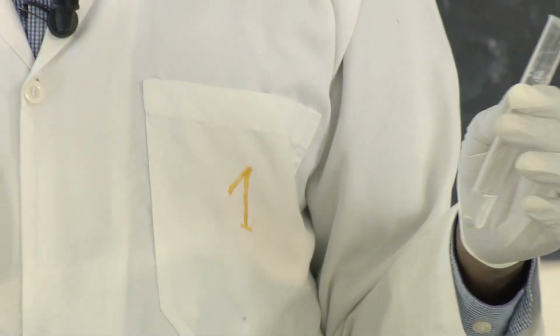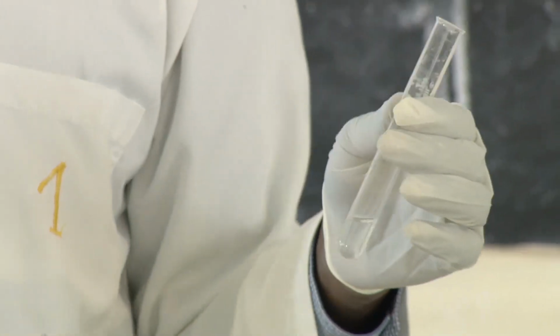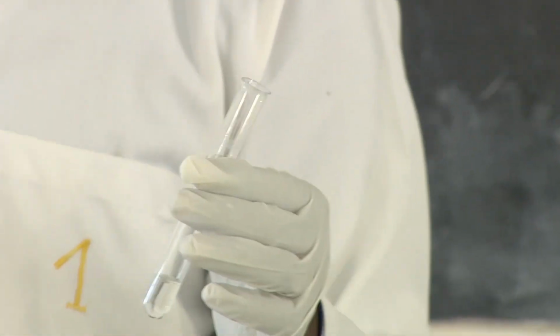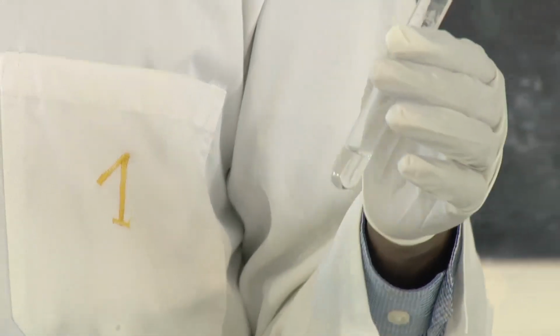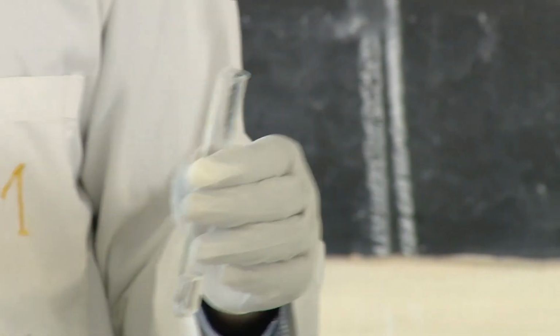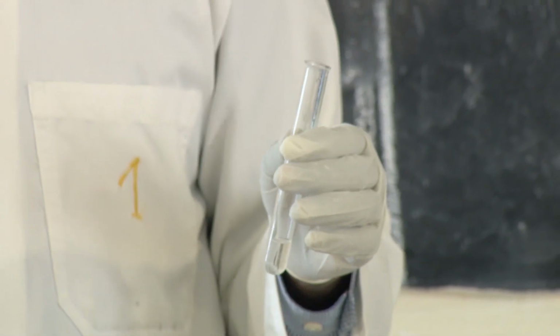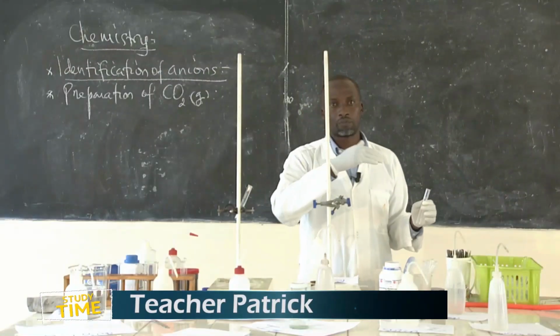Remember, these sulfate ions are obtained from soluble sulfates to get the solutions. If you remember the solubility rules, that is just senior 2, the soluble sulfates are only those ones there.